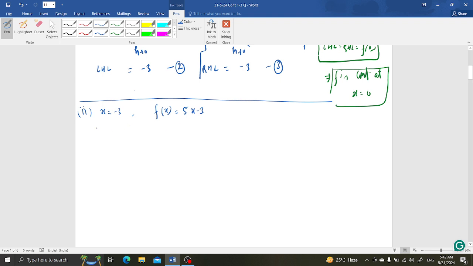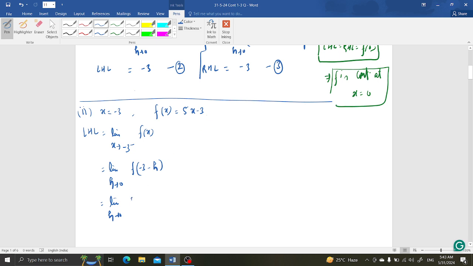So here again LHL we need to find: limit x tends to minus 3 negative f of x, limit h tends to 0 f of minus 3 minus h.